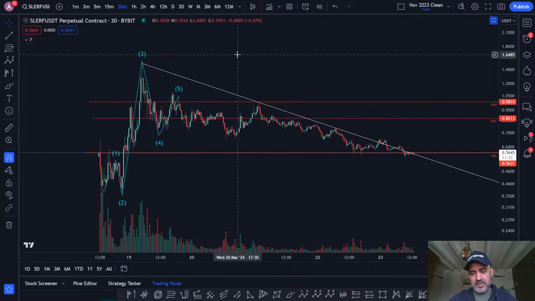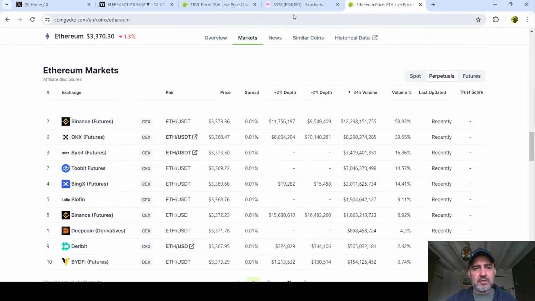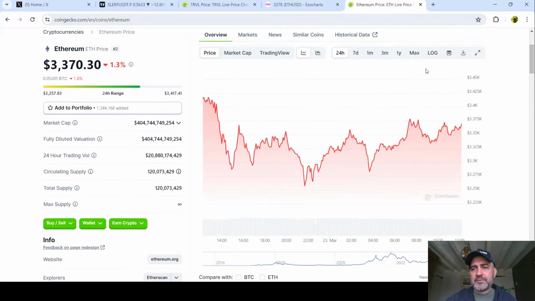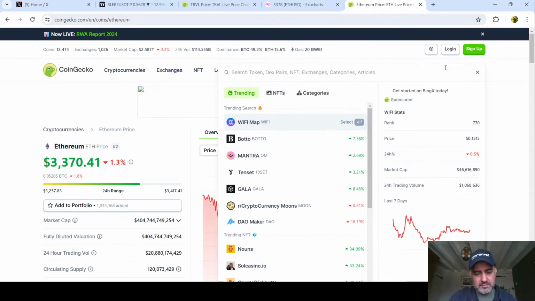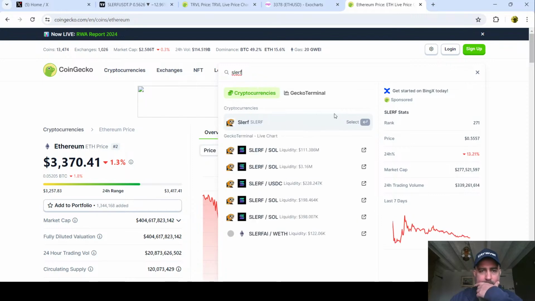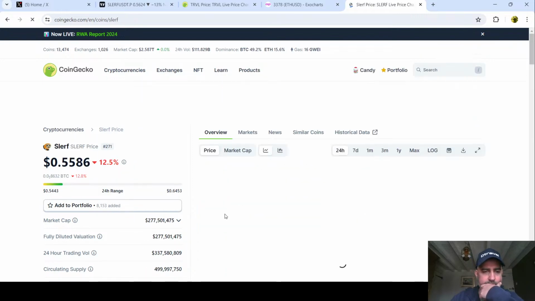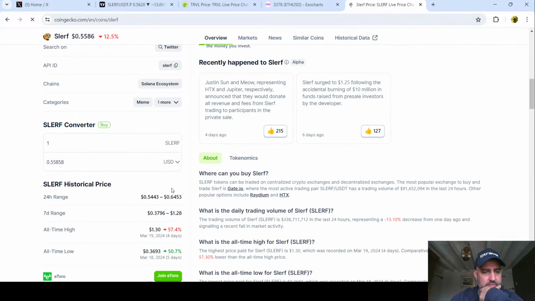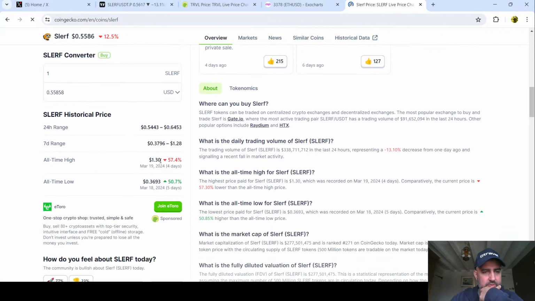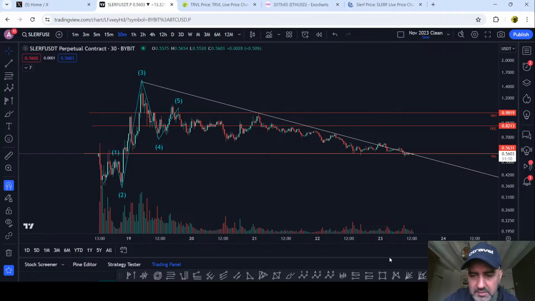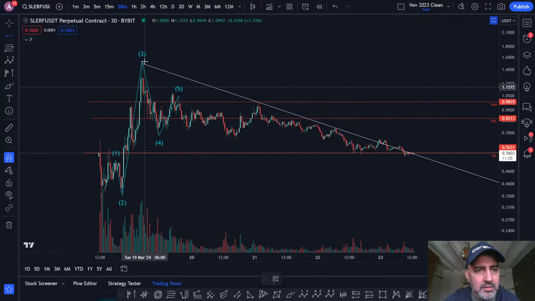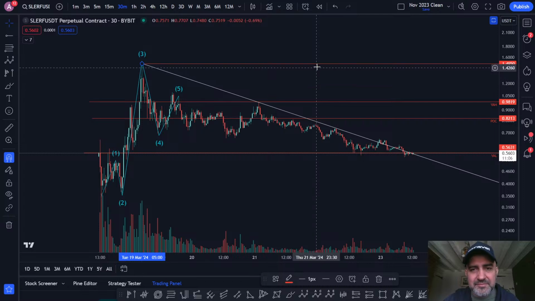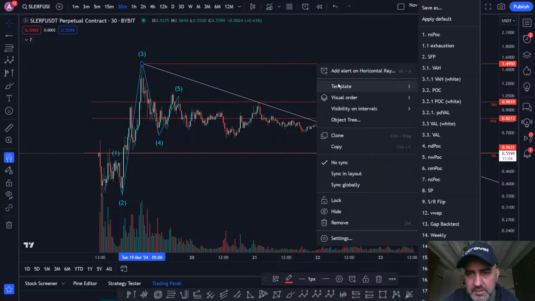Let me just check to see what the all-time high on Slerf is. We mark that as well. 130 and then this number below. So is that correct? No, it's not correct.